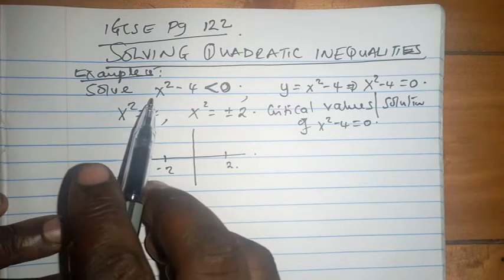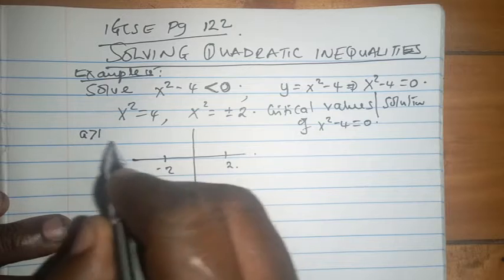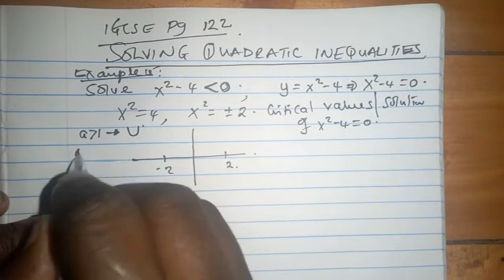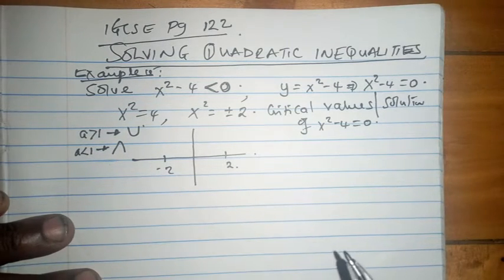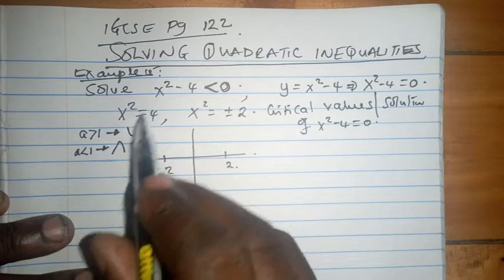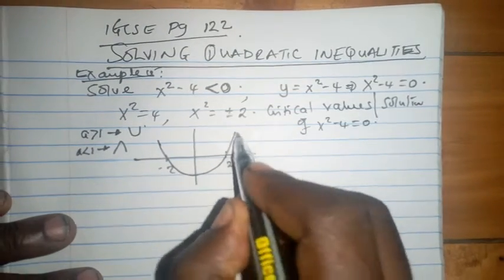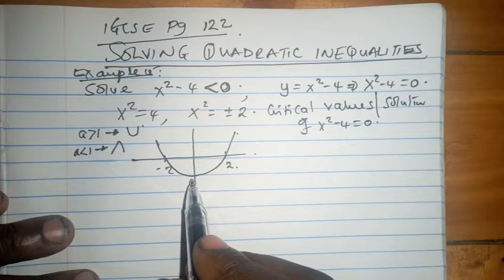We examine the nature of A. When A is greater than 1, we expect a U shape. When A is less than 1, we expect an N shape. This one will be understood later. And this is A is equals to 1, and therefore a U shape. It's also important to know where the graph cuts the y-axis.